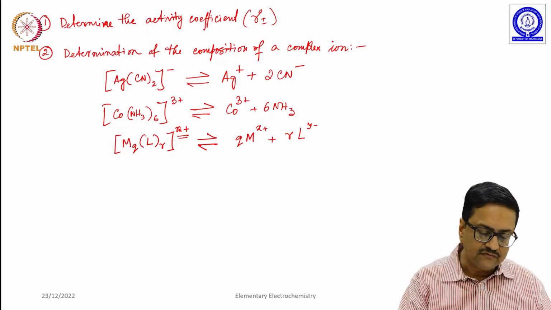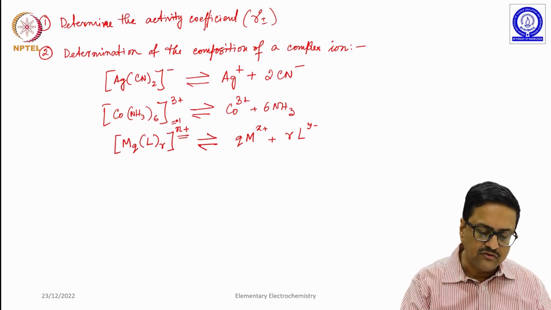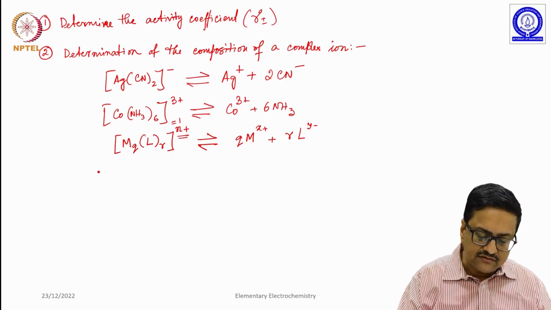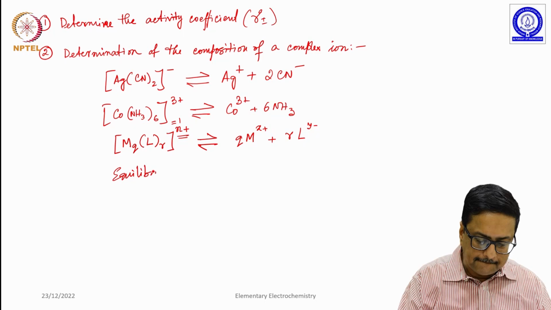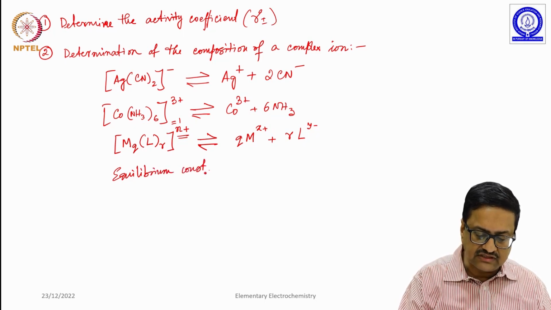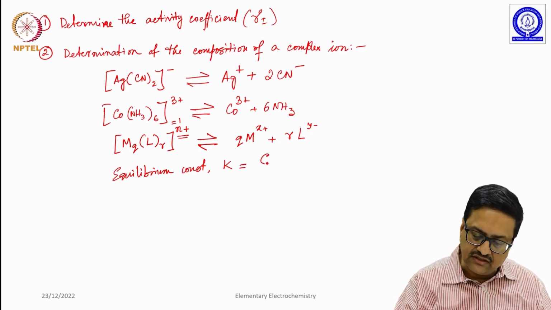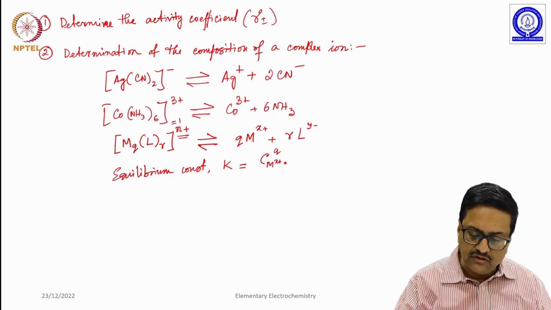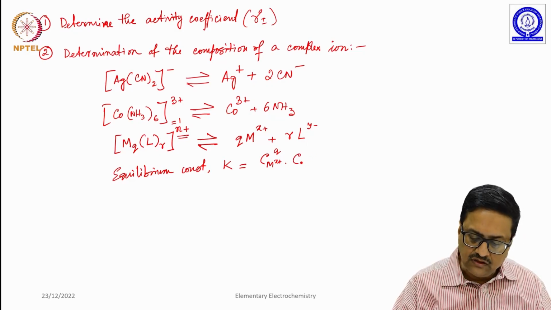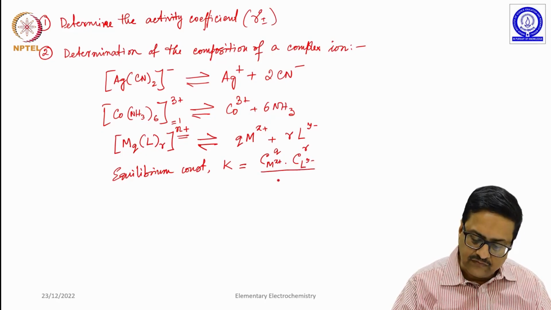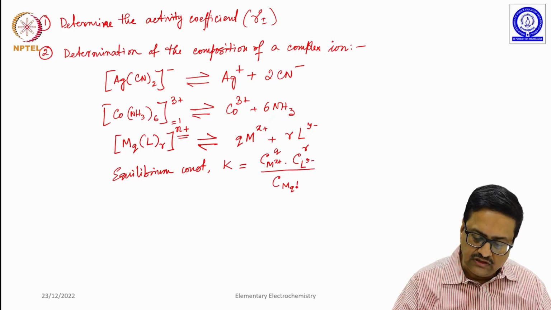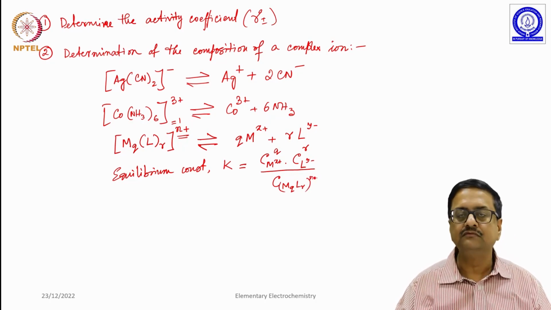If I assume that this n is equal to 1, then this equilibrium constant K can be written as concentration of M x plus to the power q into concentration of L y minus to the power r divided by concentration of M q L r n plus, that is the charge that we have assumed.